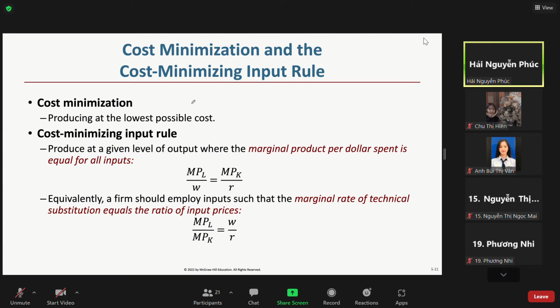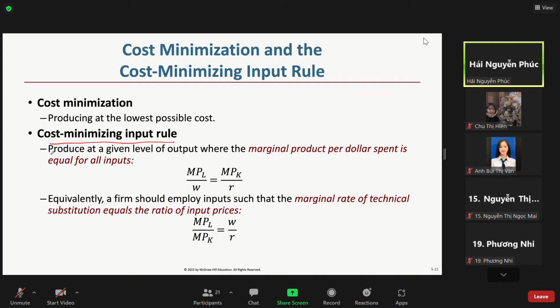Now let's further move on with the rule of cost minimizing combination of inputs. The rule is going to be pretty simple and quite intuitive. It tells us the following.